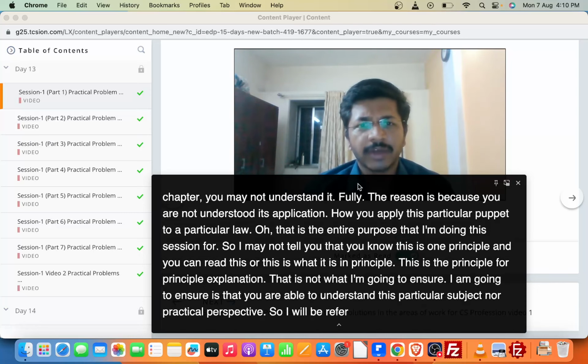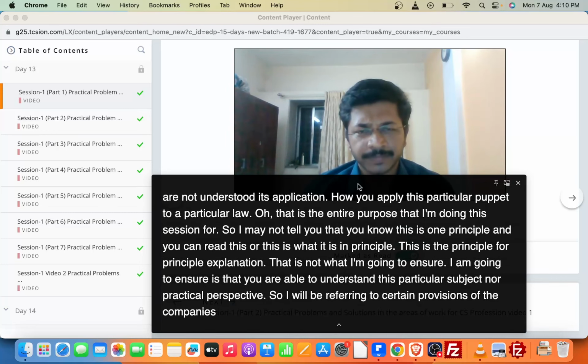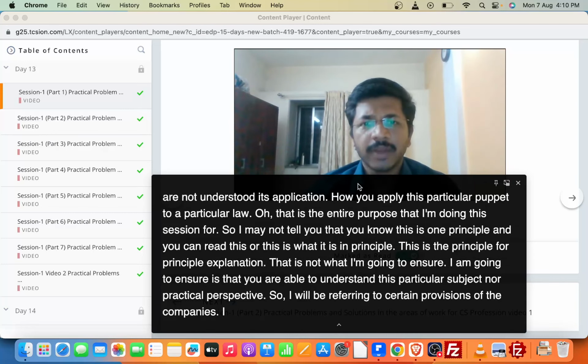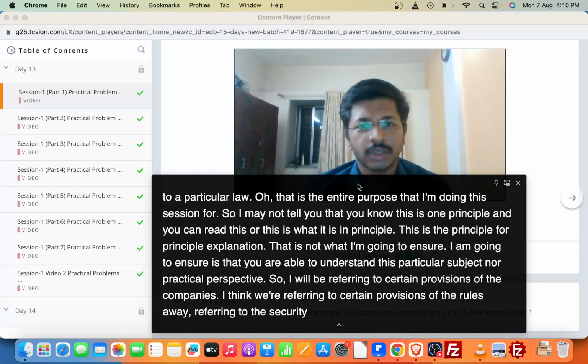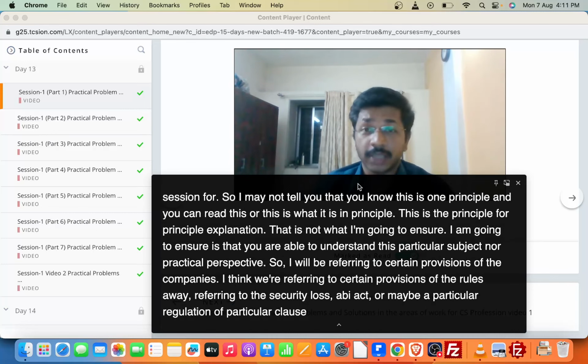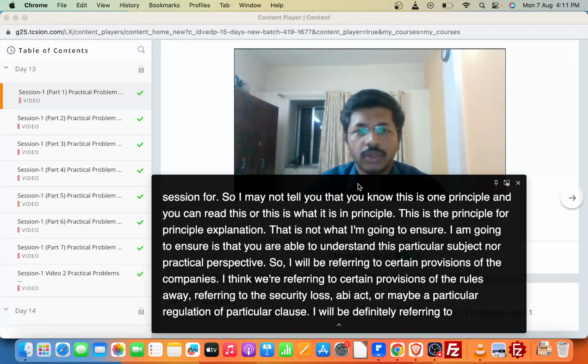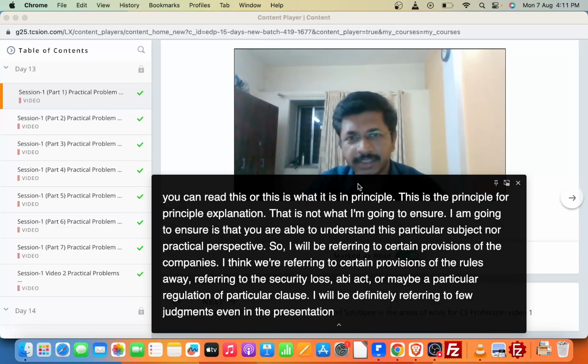So I will be referring to certain provisions of the Companies Act, certain provisions of the rules, and I may be referring to securities law, the SEBI Act, or a particular regulation or clause. I will definitely be referring to a few judgments, either in the presentation or in the discussion that we have.